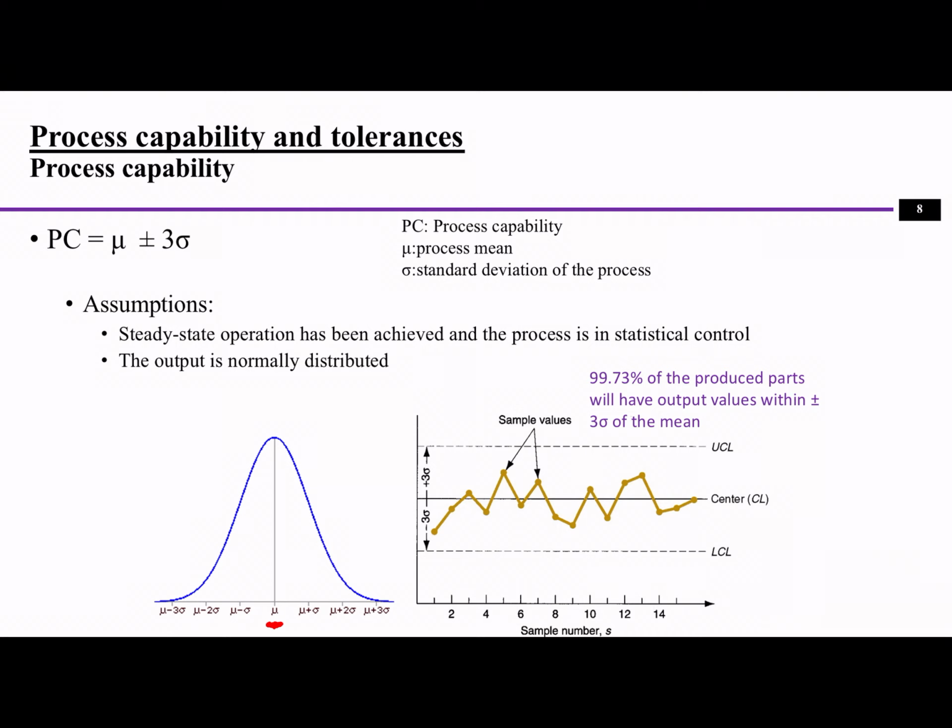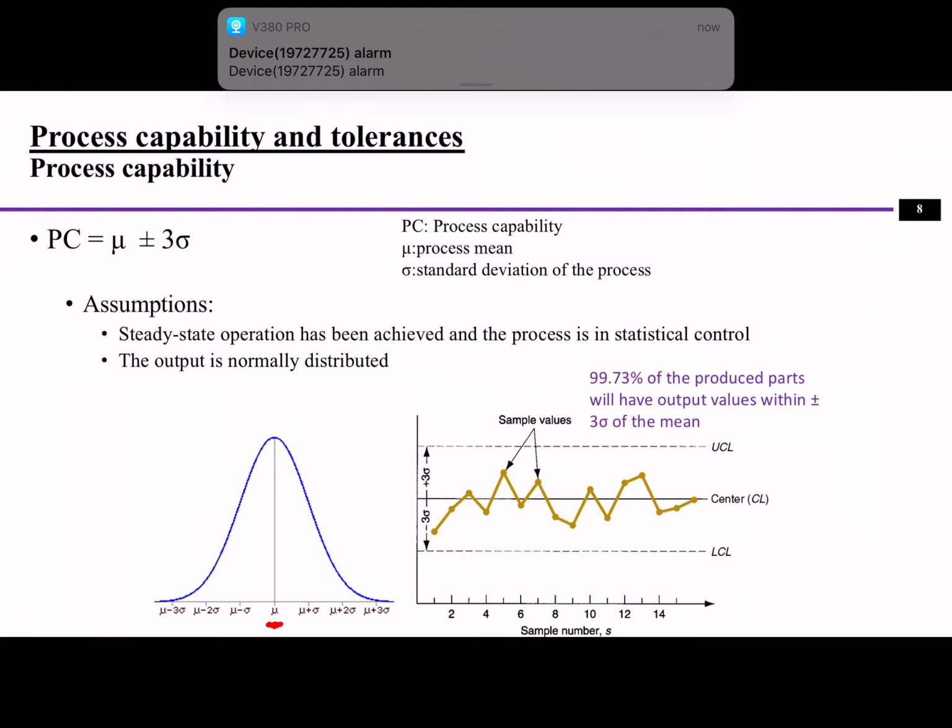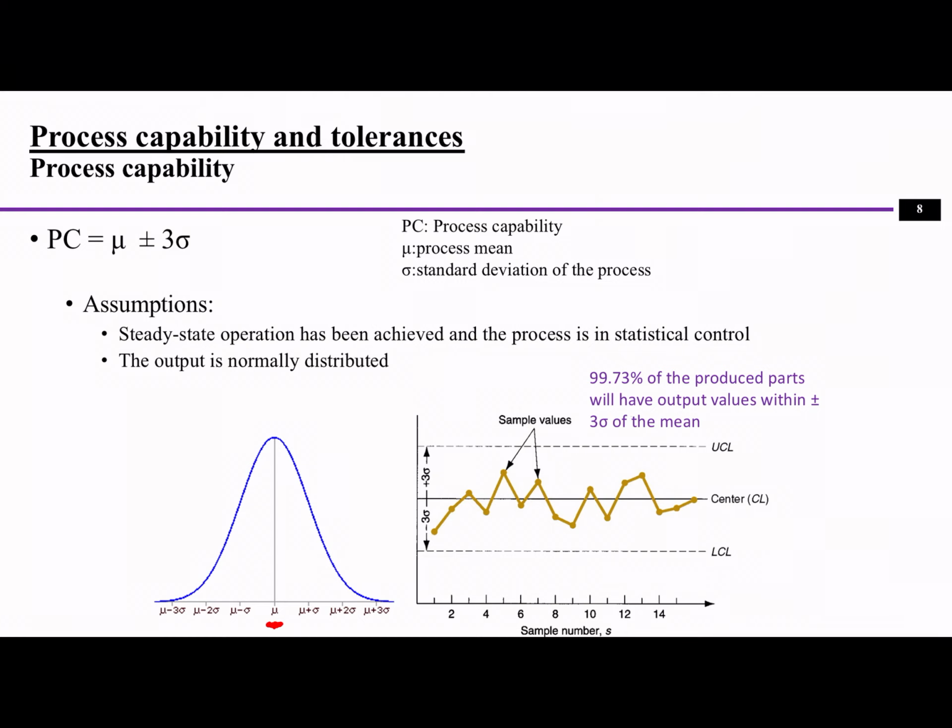In statistical process control, usually we use 3 sigma to signify the quality of the parts. So under this normal distribution, there are numerous parts, right?